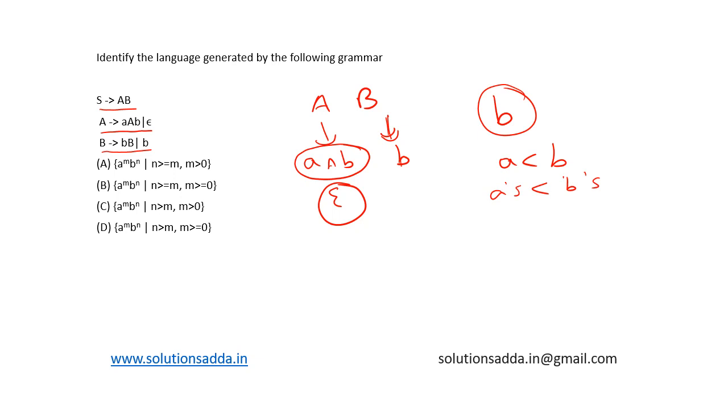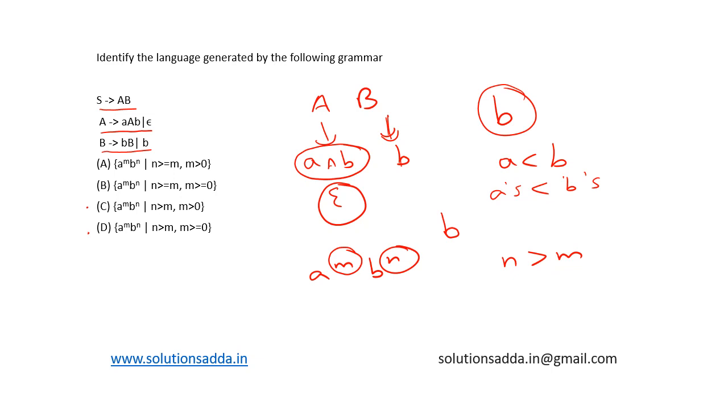Also, the minimum length string that can be generated is b. So going by the options, we can say that this generates a power m, b power n, and based on the criteria we can always say that the number of a's is always less than the number of b's. So n will always be greater than m. So either C or D can be the correct answer here.